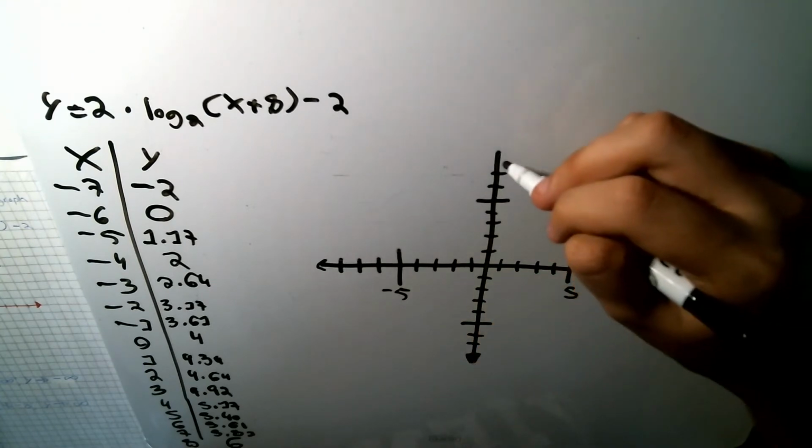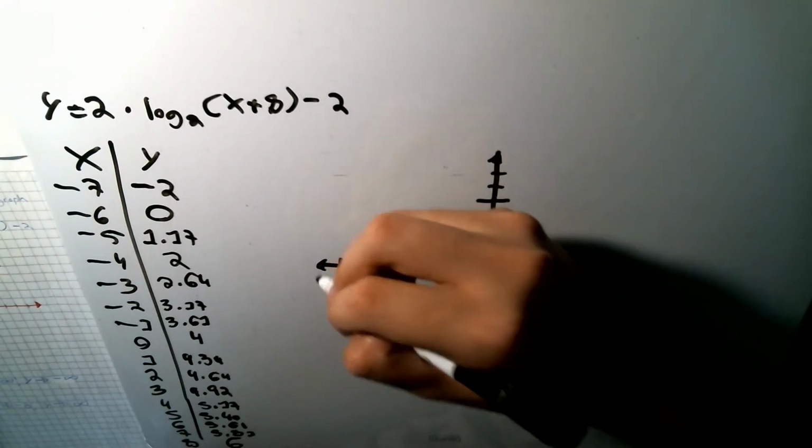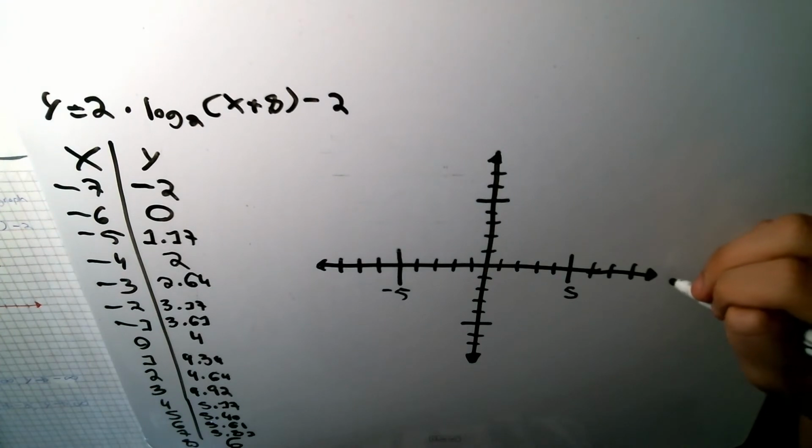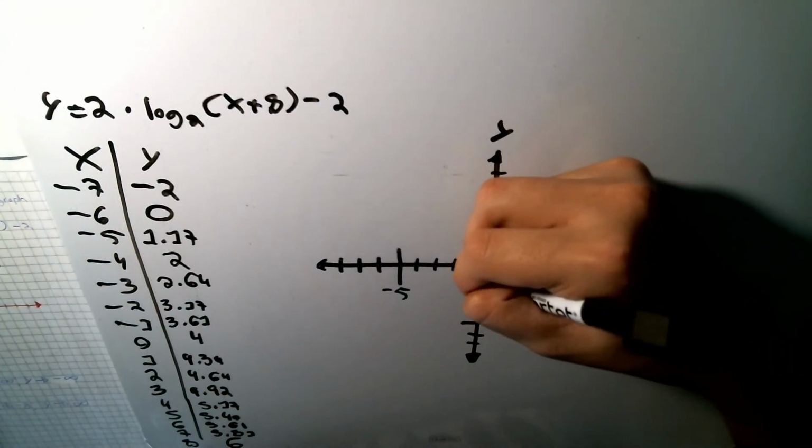Okay, this is enough. This is x, this is y, and this is 0.